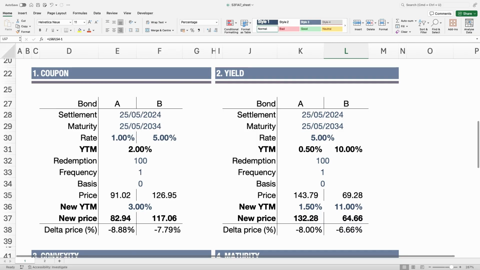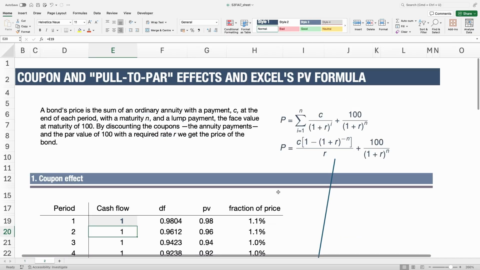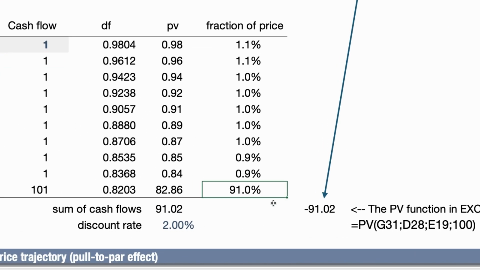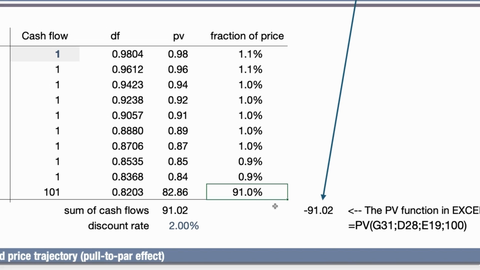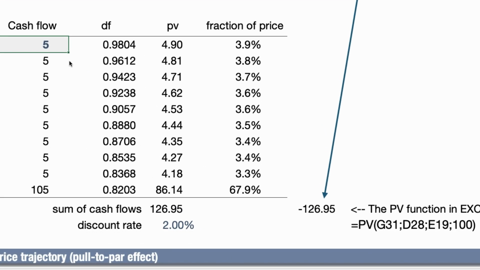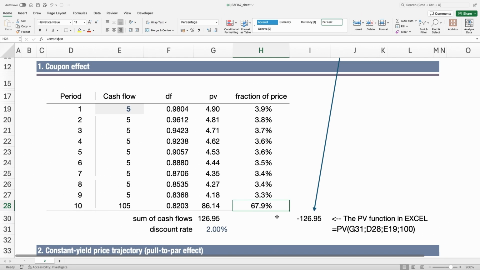I've demonstrated this in this sheet, where you can notice that for the bond with a 1% coupon, the last cash flow at maturity, at the 10th year, makes up for nearly 91% of all cash flows in present value. Whereas for the 5% coupon bond, the last cash flow at maturity accounts for about 68% of all cash flows in present value terms.